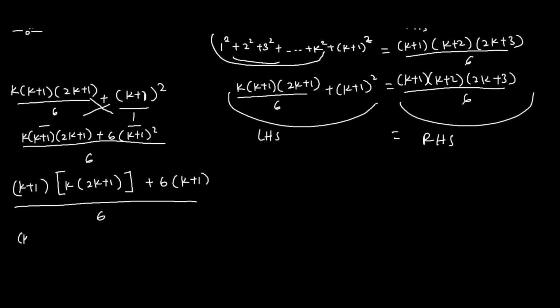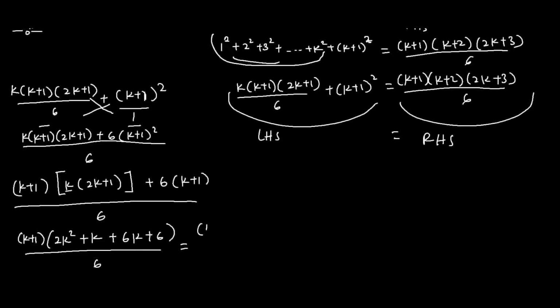So you have k plus 1 multiply this k multiply this 2k, that gives us 2k squared, and then this k multiply 1 gives us plus k. And then you have plus 6k plus 6, so all this divided by 6. Okay, so let's continue.